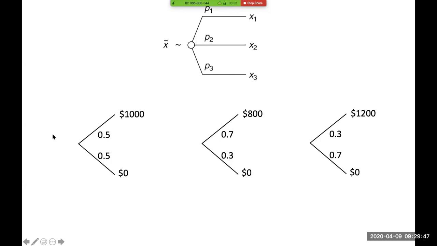Or you can get the certainty equivalent of each uncertain deal, compare the certainty equivalents of these three deals, and rank them based on the certainty equivalents. That is what we mean by this X tilde sign over here. X tilde is the amount of money that, if received for sure, gives you the same U value as the uncertain deal that it is equivalent to.